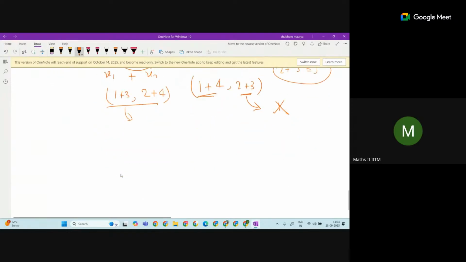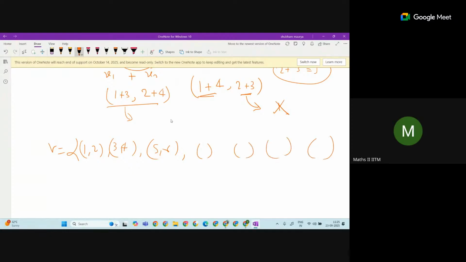So I have a collection. Now let's say I have a V, a collection of these, not numbers, this representation. I have infinitely many of these. See how many I can build, because this is a box and this is another box, so I can fill any number here.